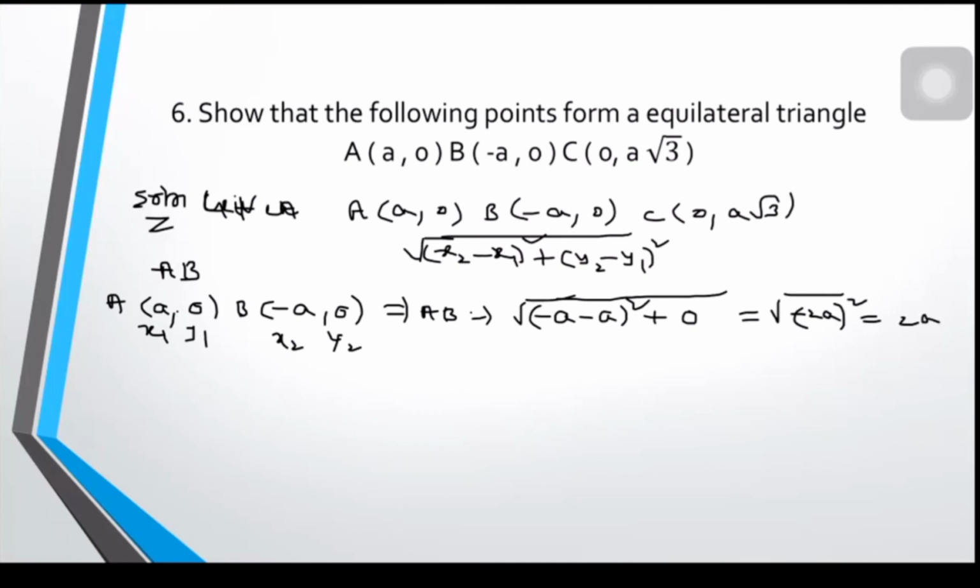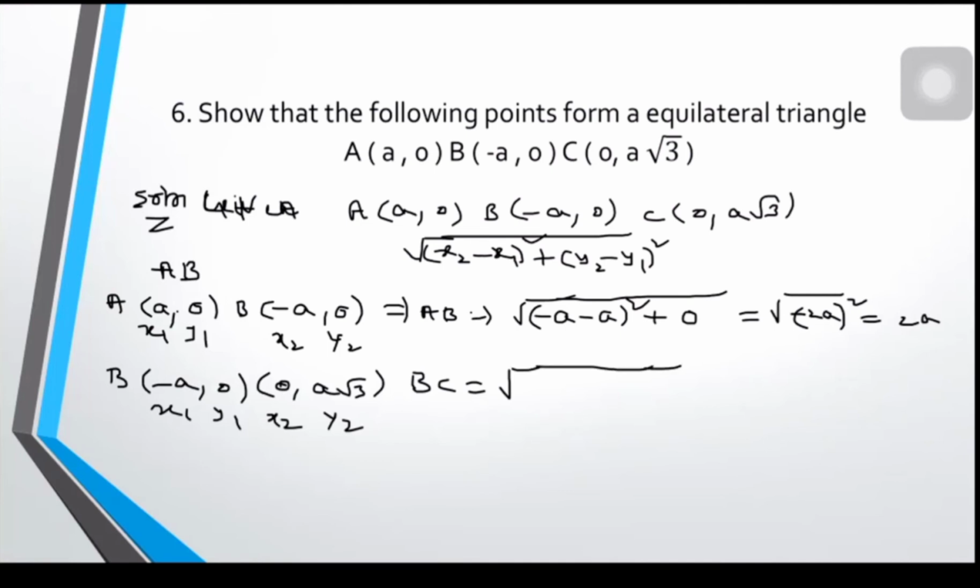Next, find BC distance. B minus A comma 0, C 0 comma A root 3; x1 y1, x2 y2. So BC is equal to root of (x2 minus x1) whole square plus (y2 minus y1) whole square, which is (0 minus of minus A) whole square plus (A root 3 minus 0) whole square.